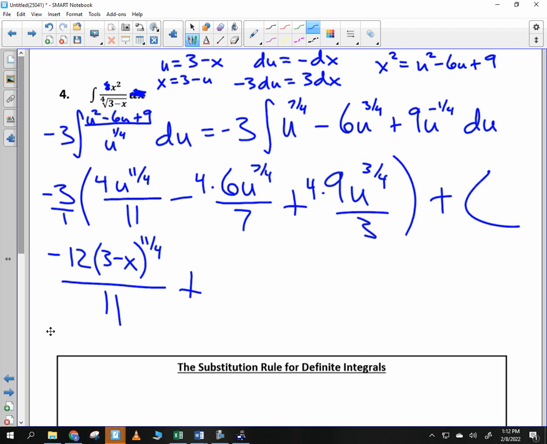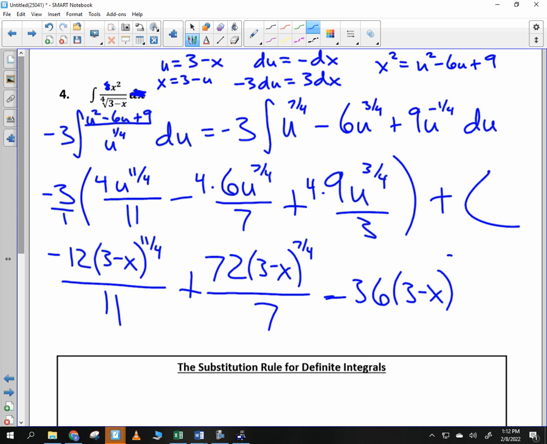Plus 3 times 4 times 6, 72, all over 7. And the last one works really well because what happens to the 3's? If they're going to cancel, is it going to be plus or minus? Minus, and what's my constant out front? 36. And I've got 3 minus x raised to the 3/4 plus a constant.